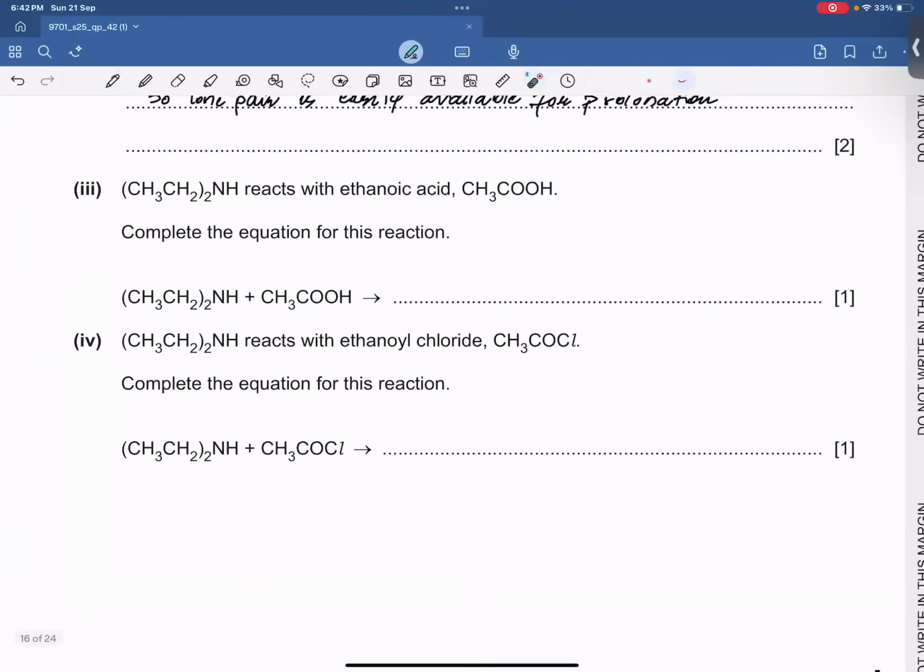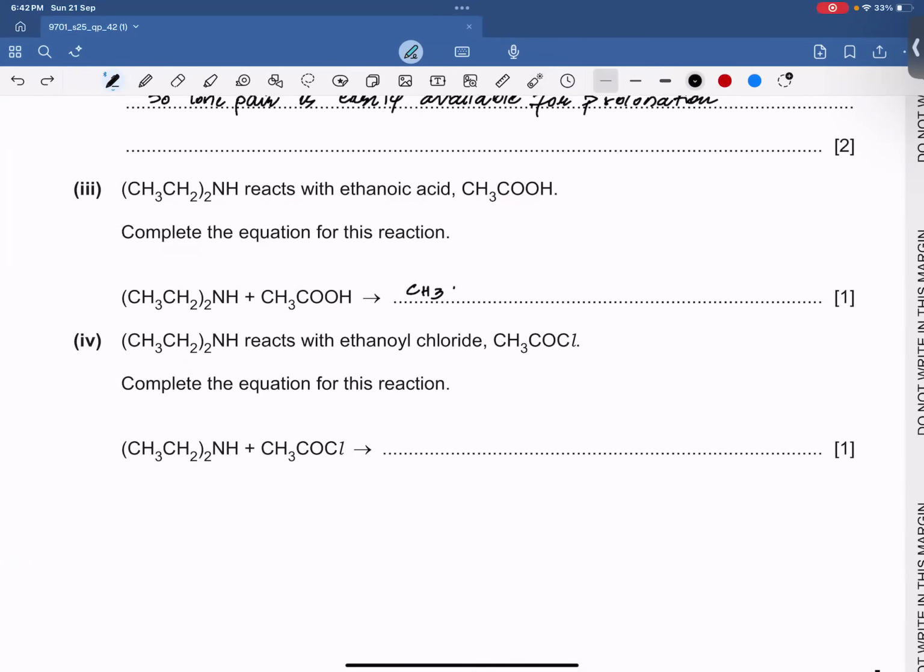Next is: diethylamine reacts with ethanoic acid. Complete the equation for this reaction. So obviously it will accept a proton and will turn to NH2 positive.